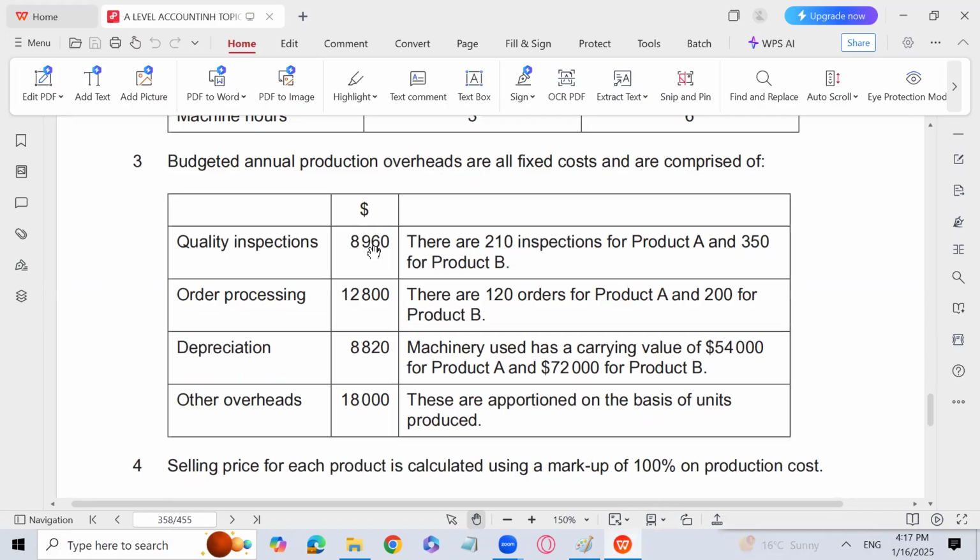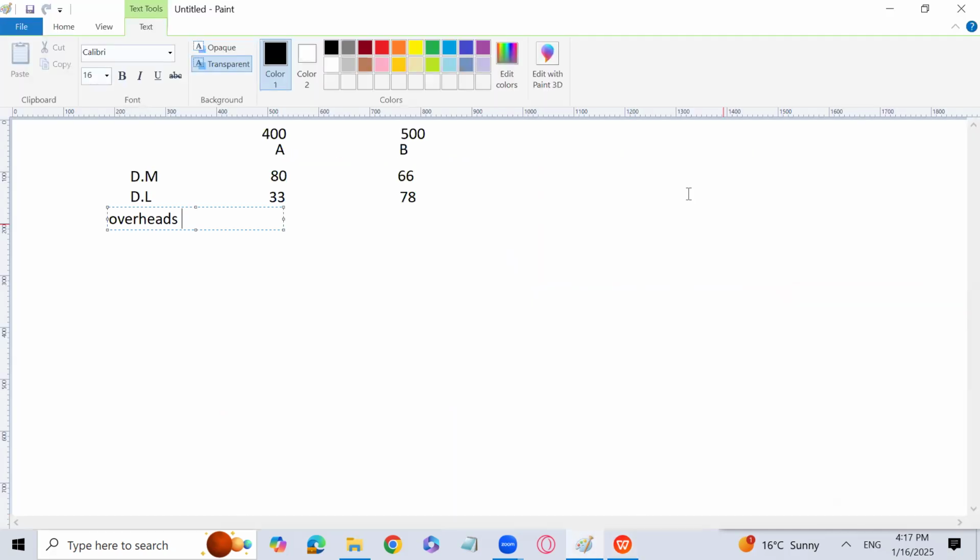So 8960 multiply by 210 divided by, not 350, divided by the total of these two, which will become 560, right? So 8960 multiplied by 210 divided by 560 is 3360.